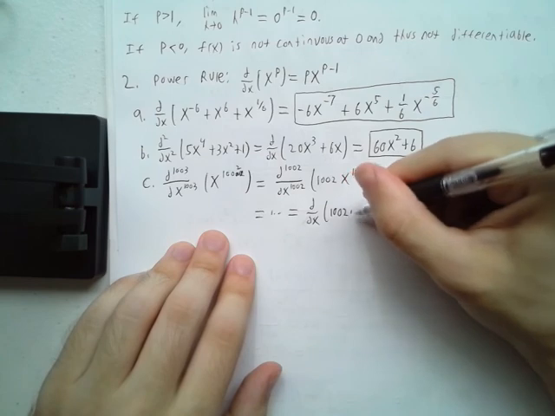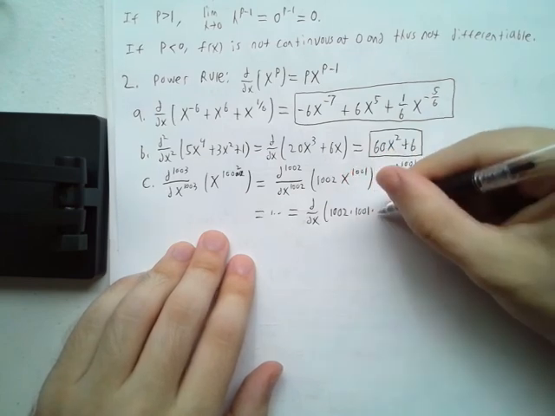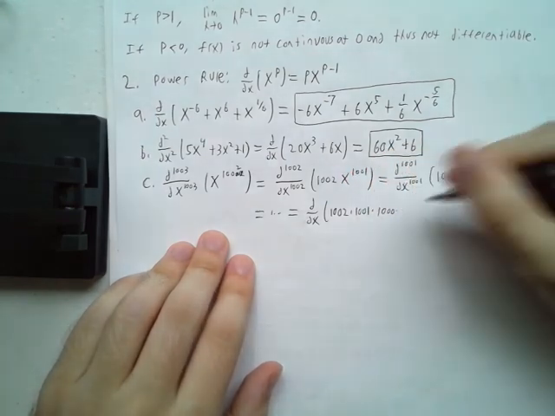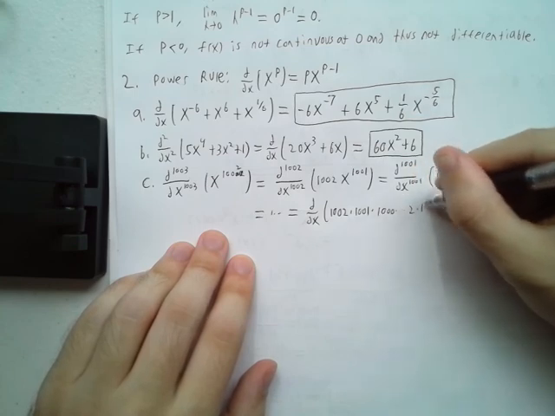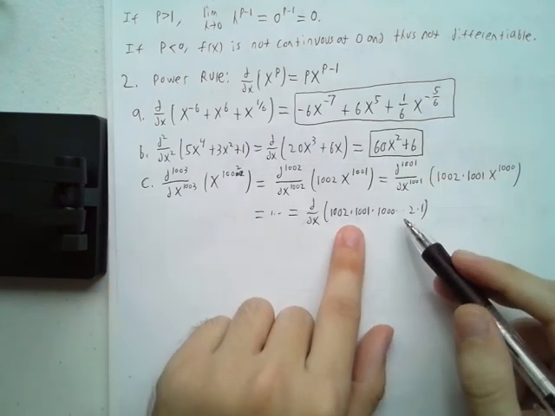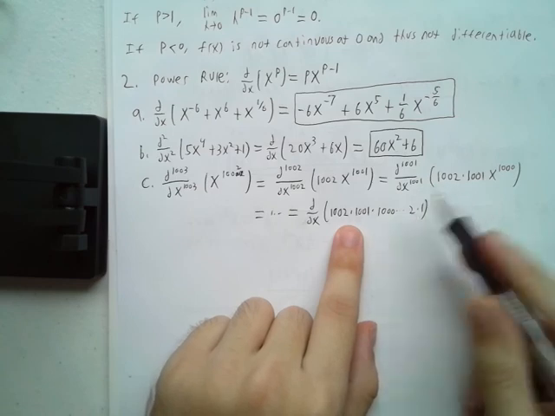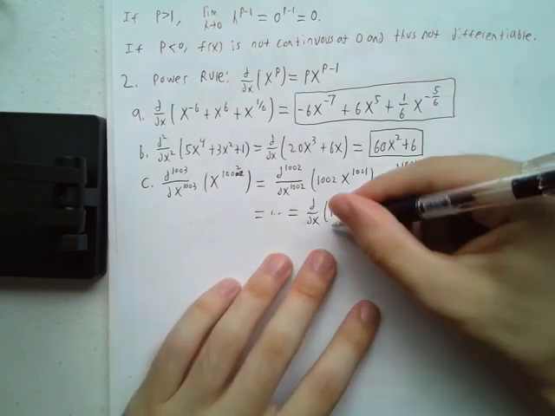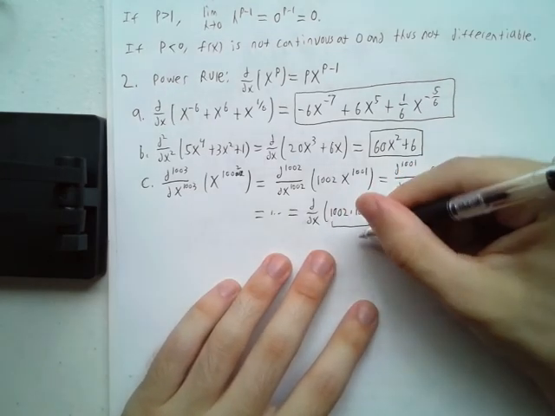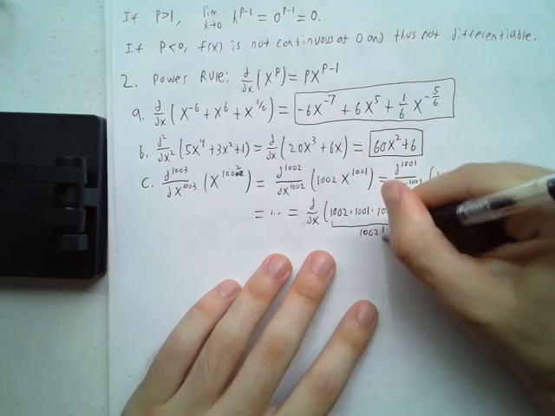So we'll have 1002 times 1001 times 1000, all the way down to times 2 times 1. So these came from all the coefficients we brought down when we applied the power rule. And this can be written compactly as 1002 factorial.